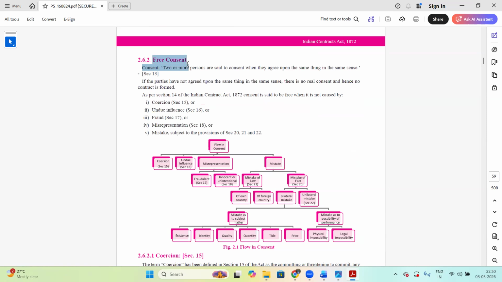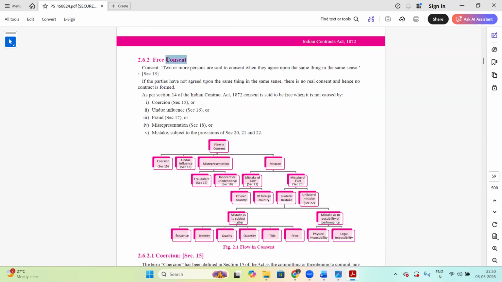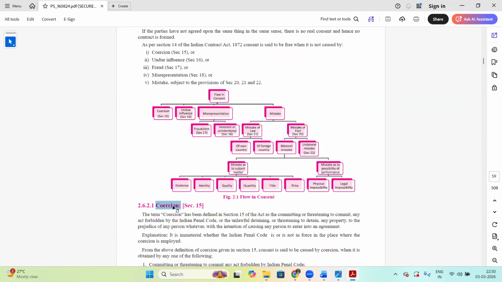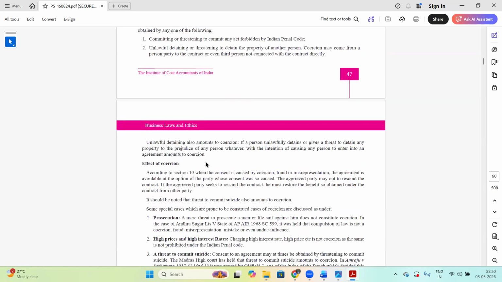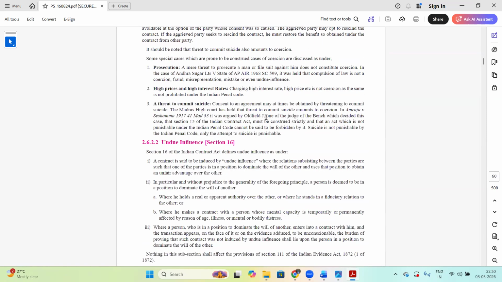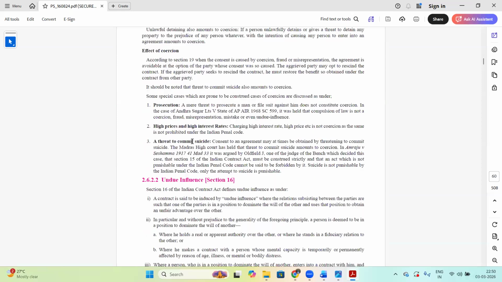Next, free consent. Opposite, coercion. The party entering into a contract should do so with free consent. They shall not be coerced to enter into a contract. Students are requested to go through this. Another probable question is coercion versus undue influence. Differentiate.